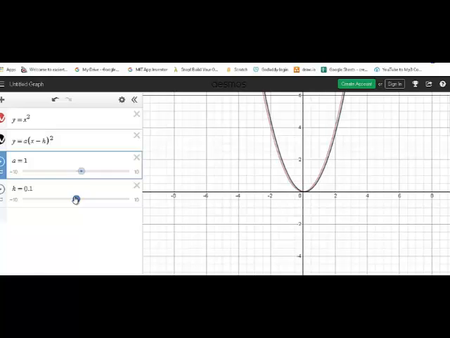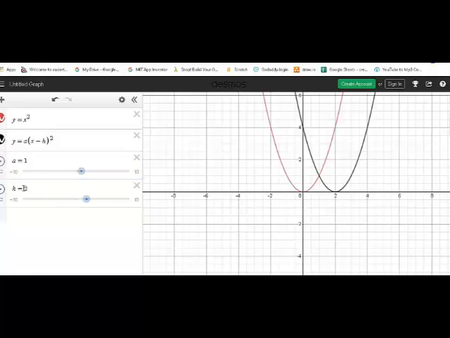When h is positive, the graph goes to the right h units. Look, h is 2, and the vertex has moved to 2. So h represents the horizontal translation. When it's positive, it moves to the right, and when it's negative, it moves to the left.